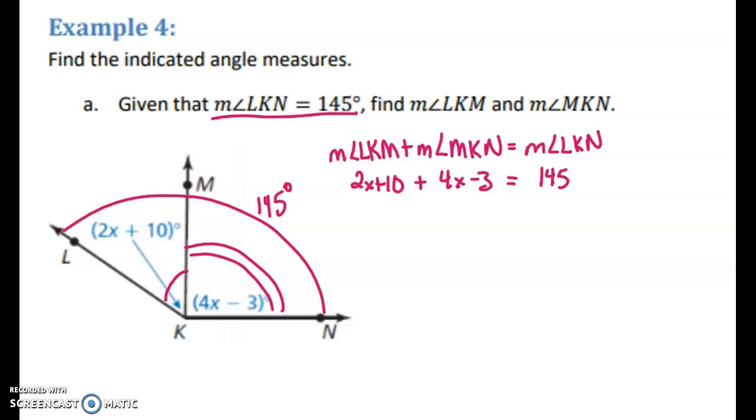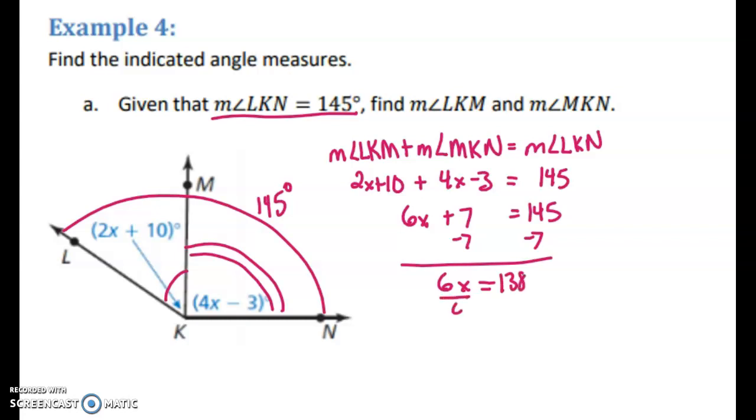So now the setup is geometry. So that's using what we learned from our foldable. The solving is really Algebra 1, so we should be pretty good about that by now. So we combine like terms. Now we're going to subtract the 7. So we get 6x equals 138. And then we're going to divide by 6.